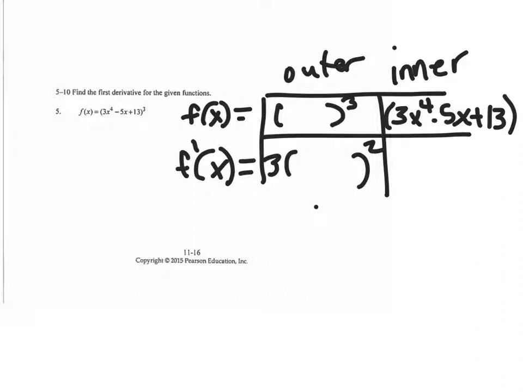Now, at this point, I can put back in what belongs inside that parentheses. What was that inner function? 3x to the 4th minus 5x plus 13, right? In the derivative, you don't really need 13. Well, but I haven't taken the derivative yet. I'm just putting back in what was in the parentheses. So you think of it, if it was a 3x squared, I haven't done anything to the x itself.